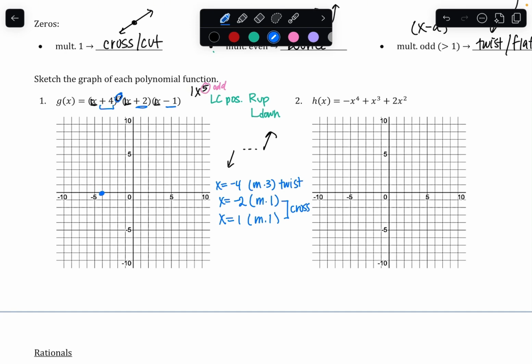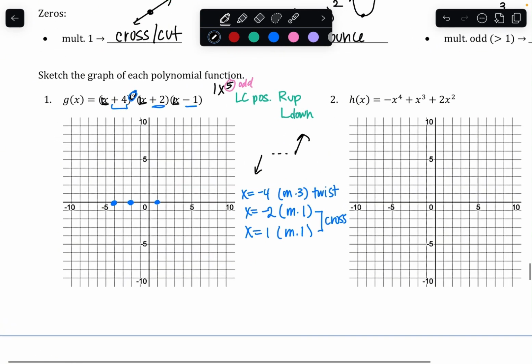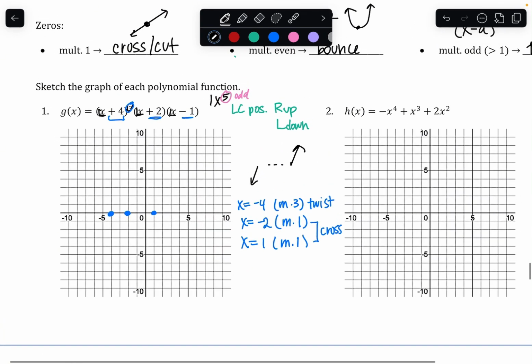Graphing those, we have -4, -2, and 1. At -4, there is a twist, and I like to go ahead and get the end behavior on the graph, so we know right side is up and we know left side is down.